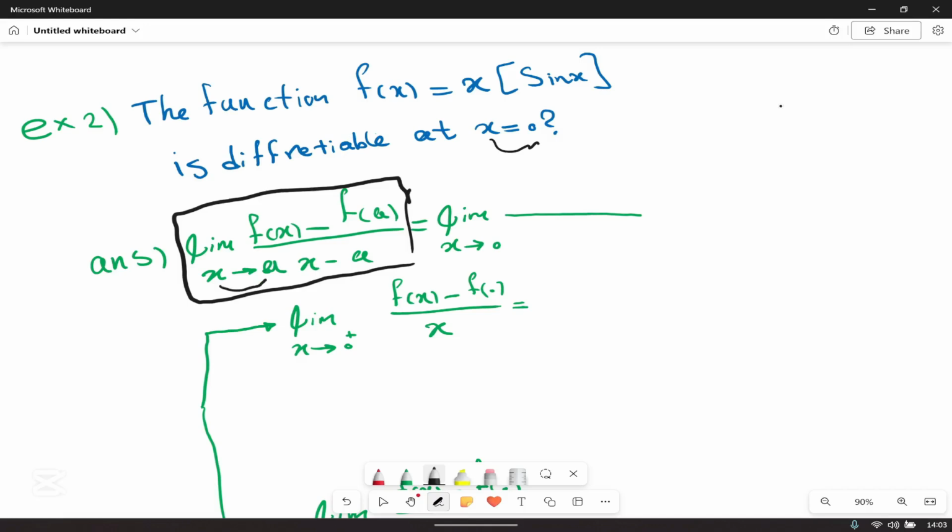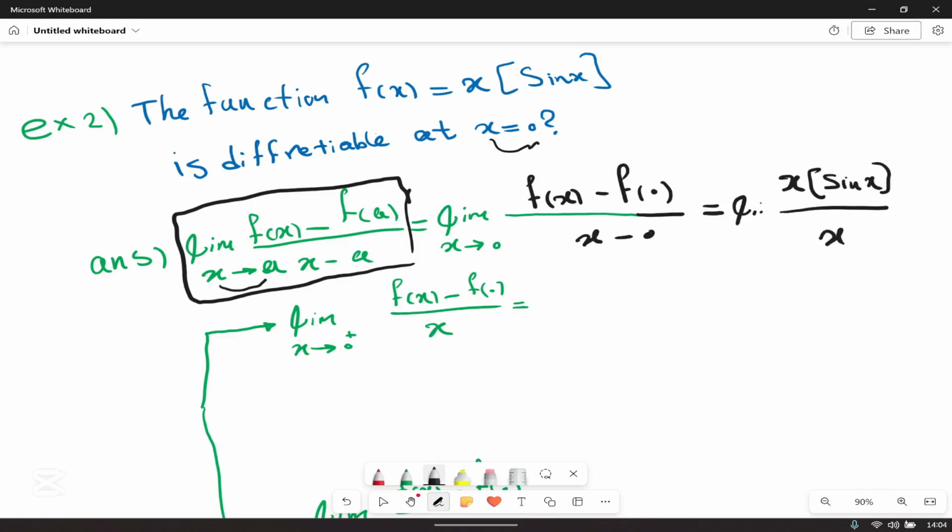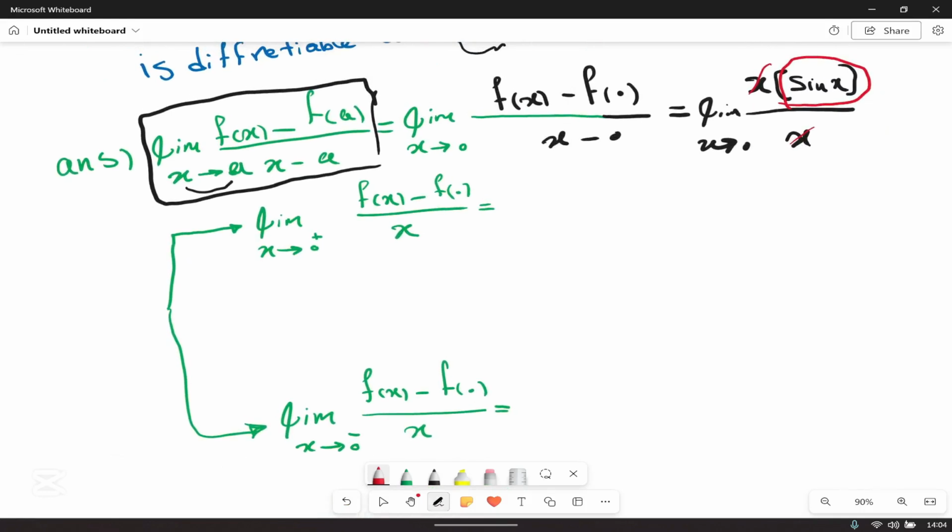If we write it for the point 0, it is f(x) minus f(0) over x minus 0, which is exactly the bracket of sine x divided by x. Right now the limit as x goes to 0, they can cancel themselves, and because the sign belongs to that number, when x is 0 we must split this limit into both sides.